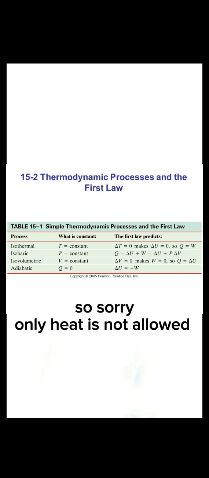What about an adiabatic process? In an adiabatic process, heat exchange is not allowed, right? So this system is completely isolated in such a way that heat is not allowed to leave the system, neither is it allowed to enter the system. So if that's the case, that means the first law of thermodynamics has a different meaning for an adiabatic process.